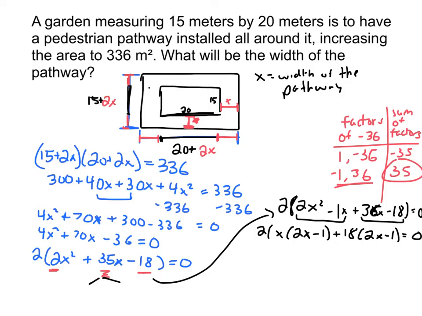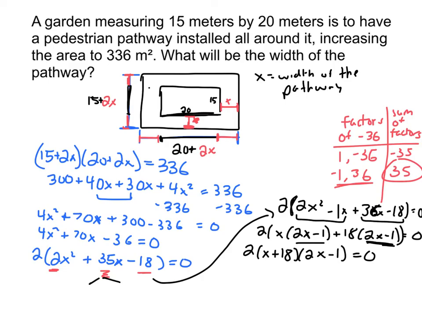Now this term and this term are the same, so I can pull them out. So I'll have 2 times x plus 18 times 2x minus 1 equals 0.